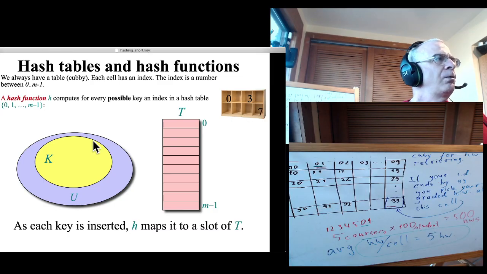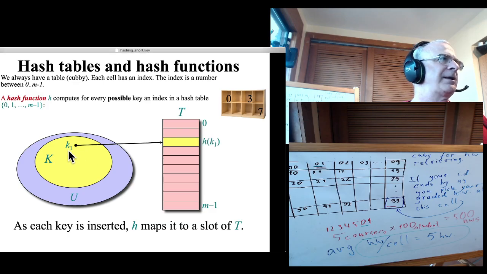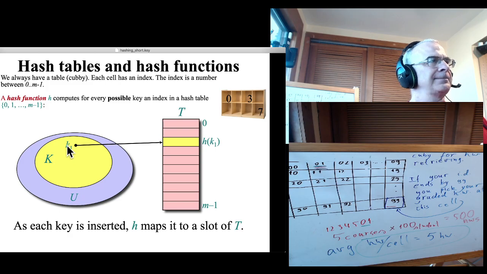Okay, and what the hash function does is take a key of a student, small k, an ID of an existing student, and decide to store his homework, his record, at some point in the memory. That would be h of k1.